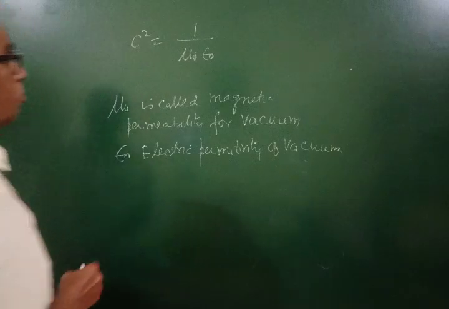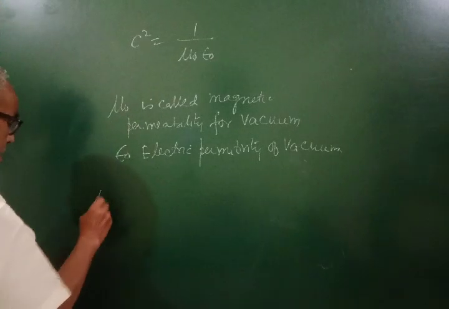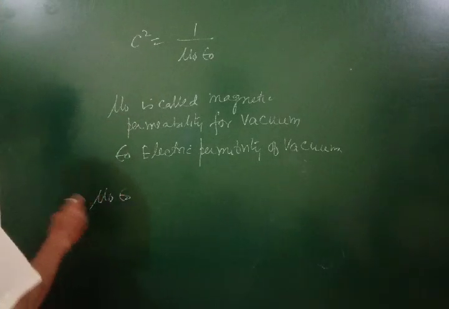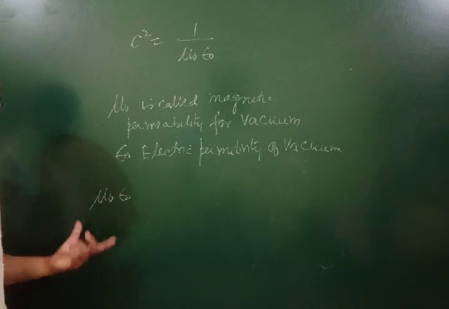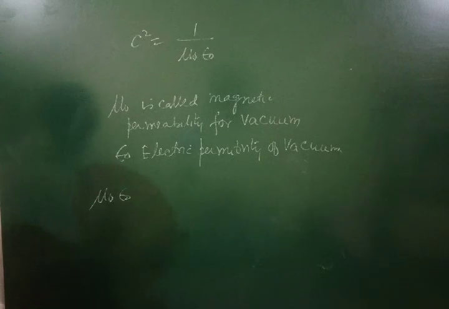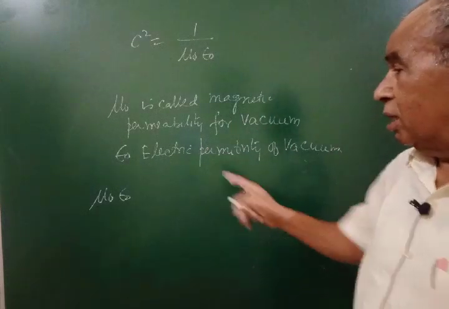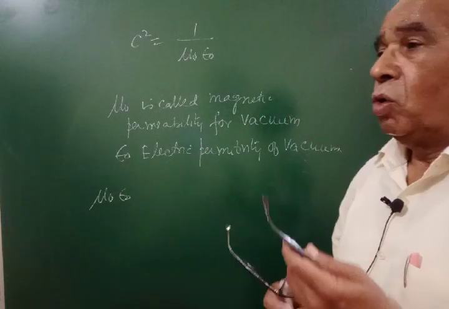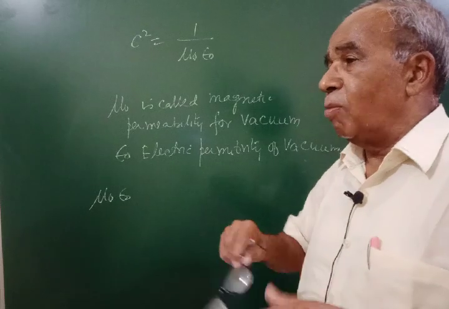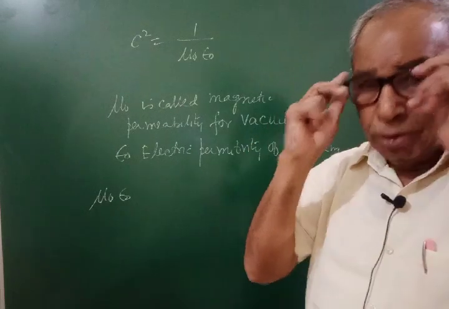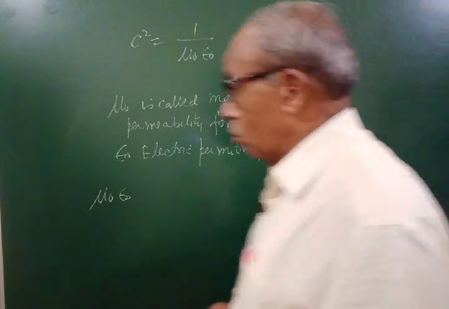So what is my aim to tell? They may write the right dimensional formula for μ0 into epsilon 0. Actually, you will be learning Coulomb's law, where epsilon 0 comes, and similarly there is another law where μ0 comes.